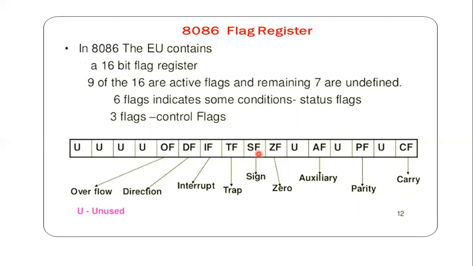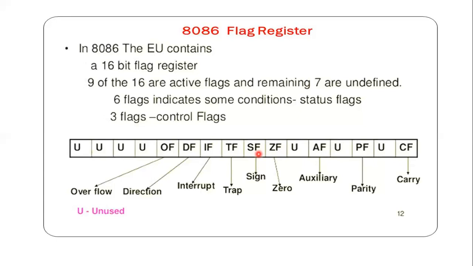The most significant bit of the result is copied into the sign flag. Hence, the sign flag is set if the result is a negative number, or reset if it is positive. If the result is negative, then it is set. If it is positive, it will be reset.